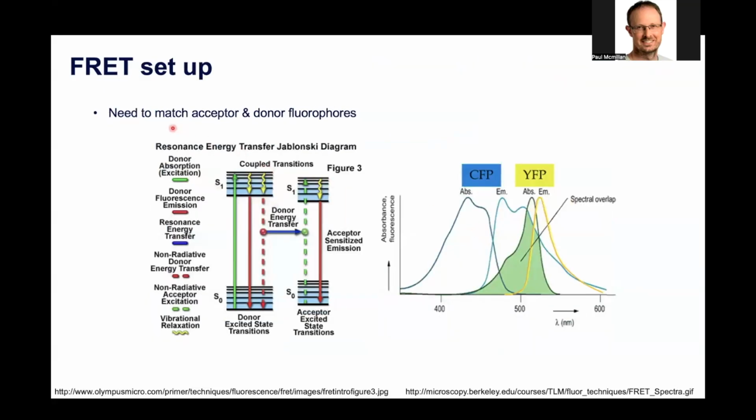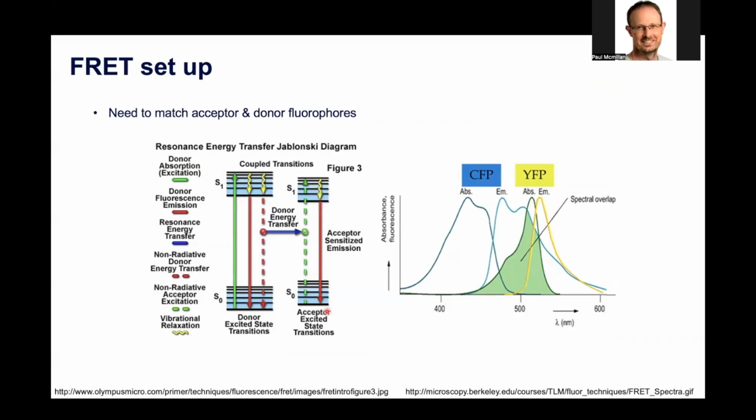So again, in terms of FRET setup, we can look at the Jablonski diagrams again if we want to. Here we've got the excitation of our CFP molecule. Rather than losing some energy and going back down to the ground state, that energy is transferred to the YFP molecule, meaning it goes into the excited state, can go through the normal energy transfers before going down to the ground state and emitting.